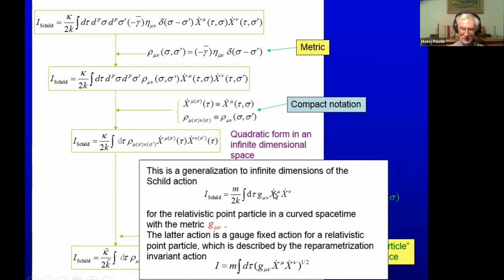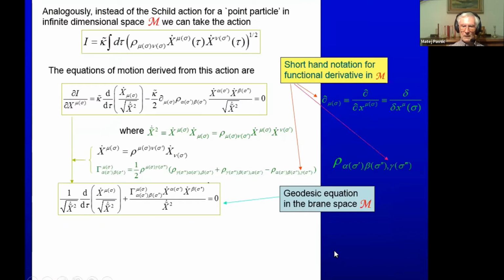The latter action, so this action here, is a gauge fixed action for a relativistic point particle, which is described by the reparameterization invariant action. So this is the usual action for relativistic point particles. And we see that in brane space, we have something quite analogous.